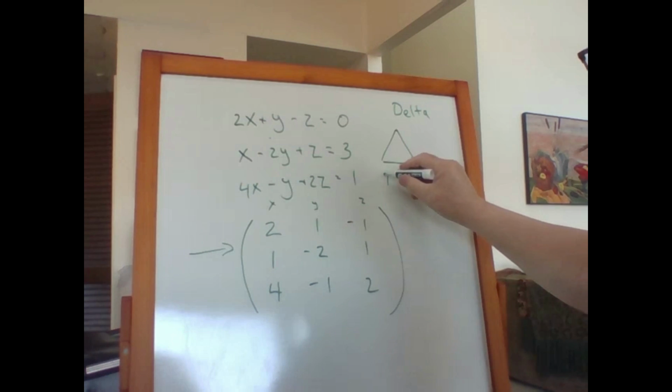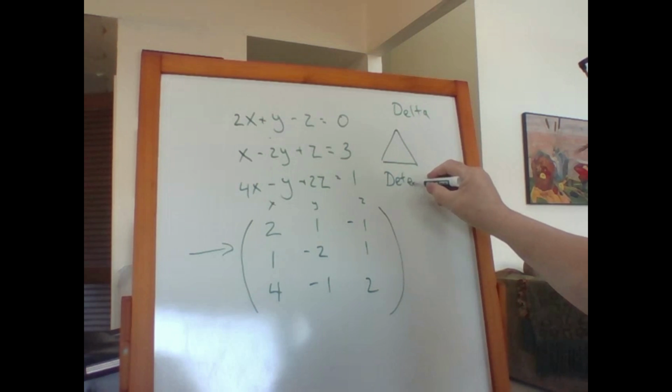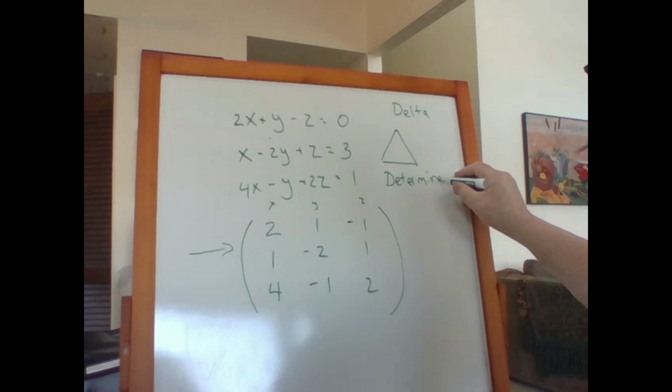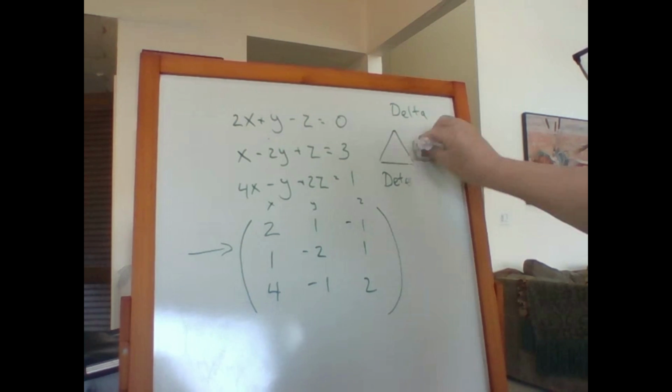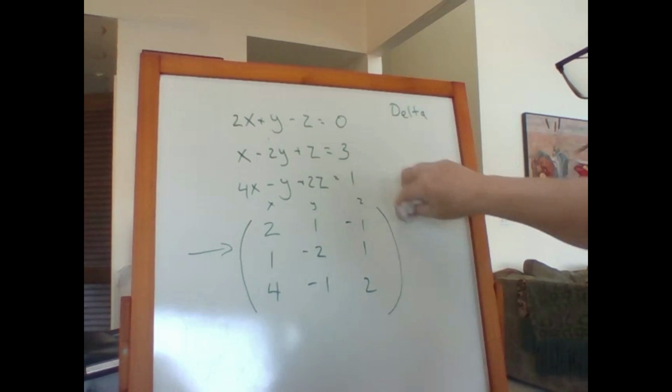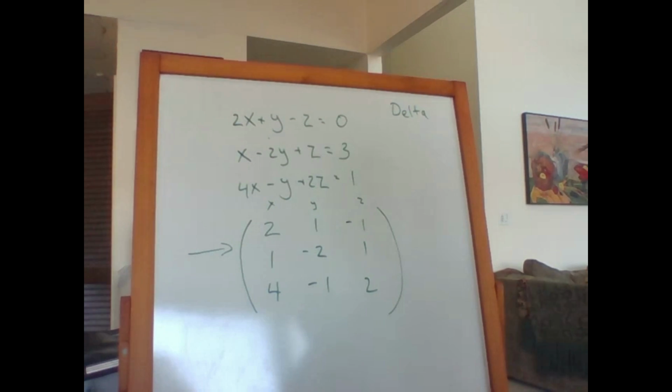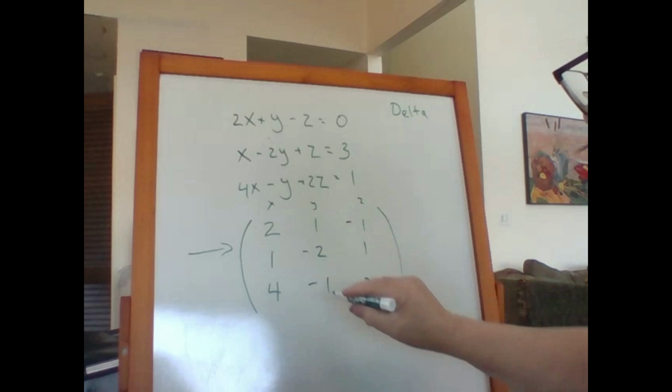And that's called the determinant, which will end up being a denominator in the end when we see how we perform the operations. So now we have this matrix, and we've got to find the determinant of this matrix.